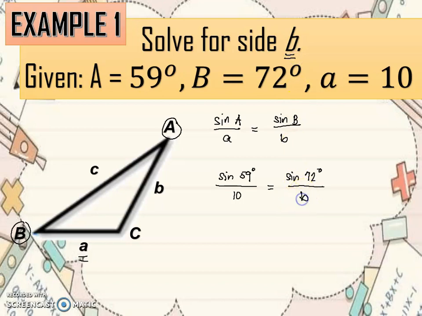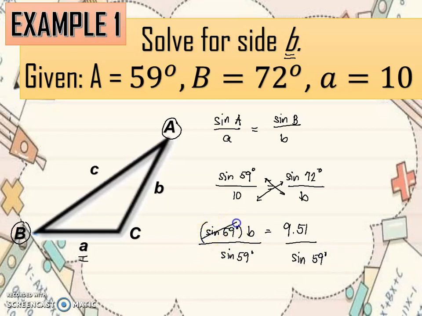So what we're going to do, class, we're just going to cross multiply. Then it will become sine 59 degrees times B, and sine 72 degrees times 10, which is equal to 9.51. To solve for B, you must divide by sine 59.